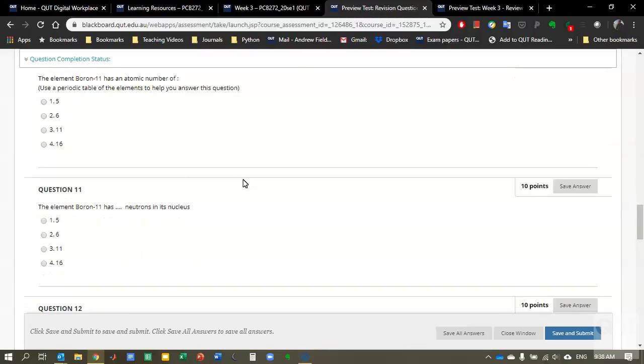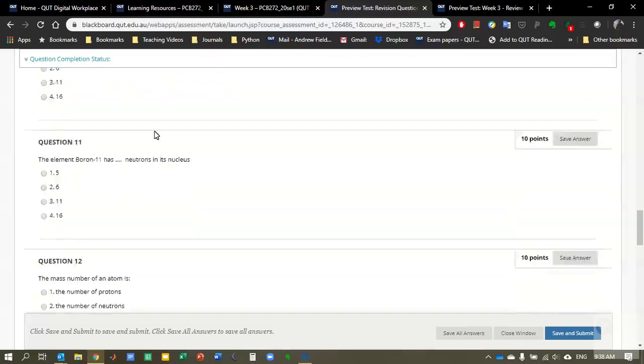So the element boron 11 has an atomic number of, well, if you need to look it up in the periodic table, you would find that boron has an atomic number, Z number, of 5.